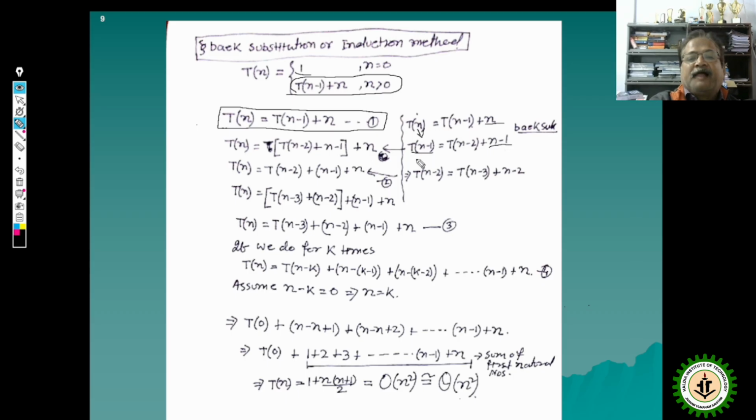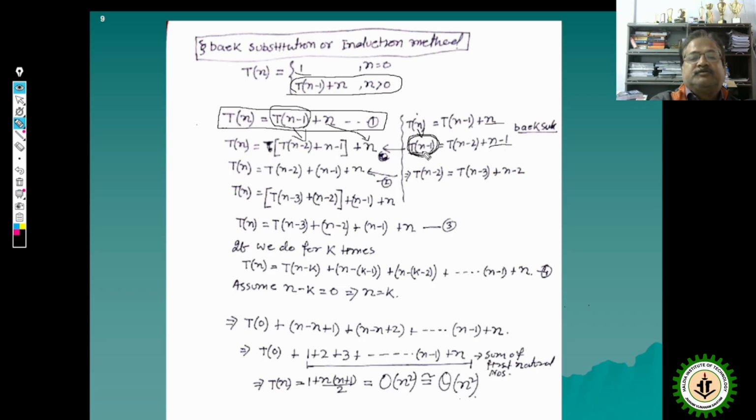Similarly, I have got Tn minus 1 is equal to Tn minus 2 plus n minus 2. In place of Tn minus 1, I have substituted this one. So what have I got? Tn minus 2 plus n minus 1 plus this n as usual.